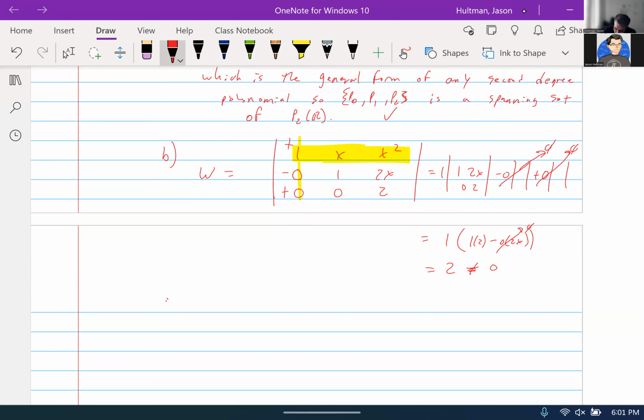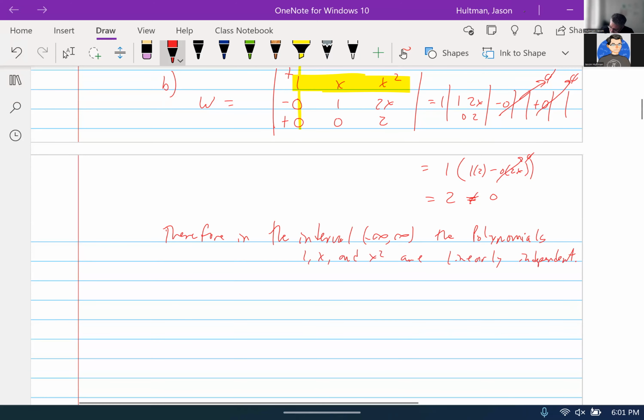Therefore, in the interval negative infinity to infinity, the polynomials 1, x, and x squared are linearly independent. Okay, so that checks.